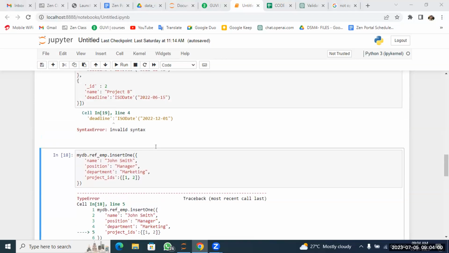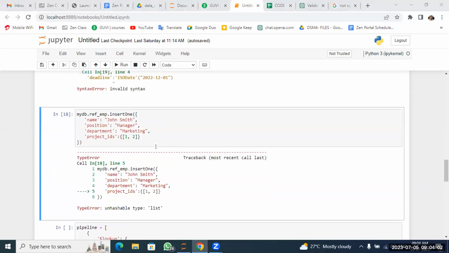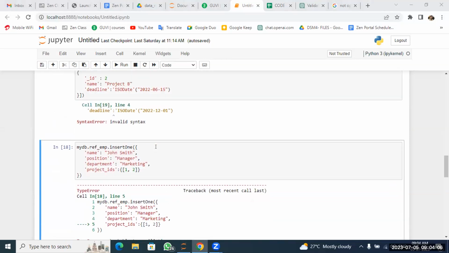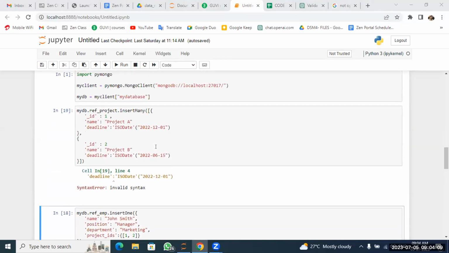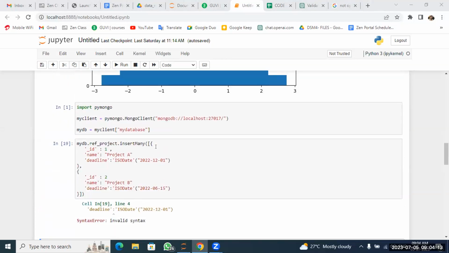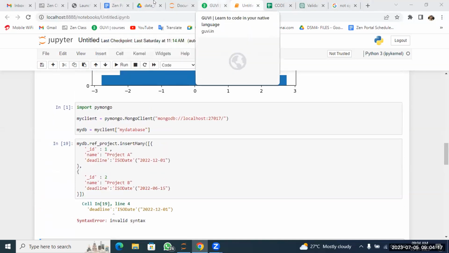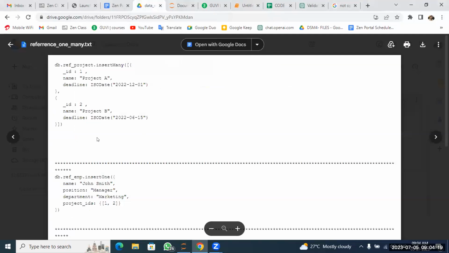Invalid syntax is what? Deadline with ISO. What error are you getting? Can you go up? Is it written in the same way that I have pasted? Can you verify? You copied this from here, is it? Yeah, I've copied it.